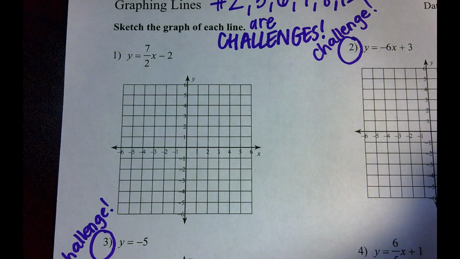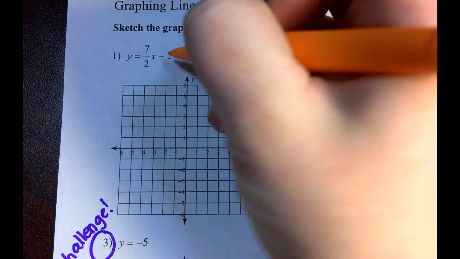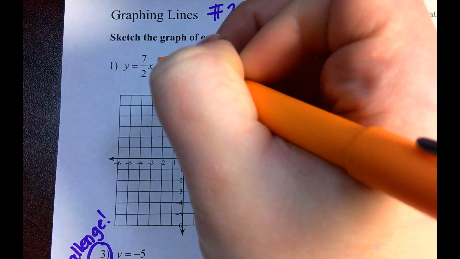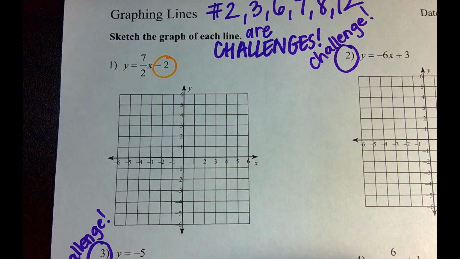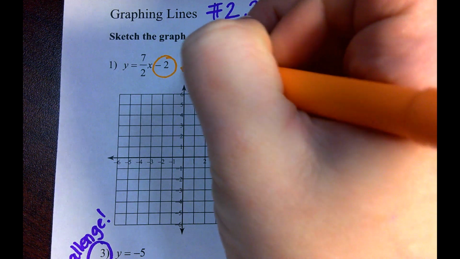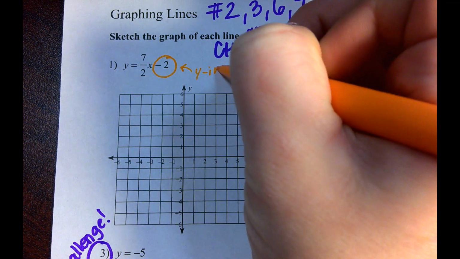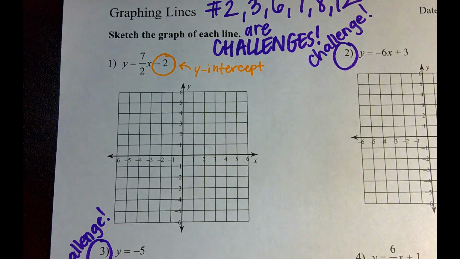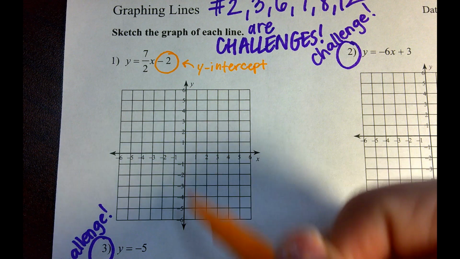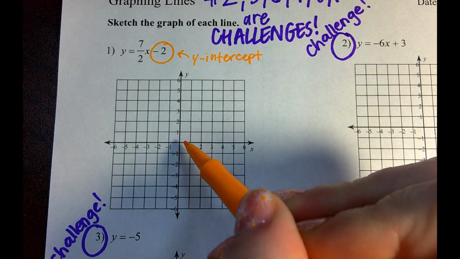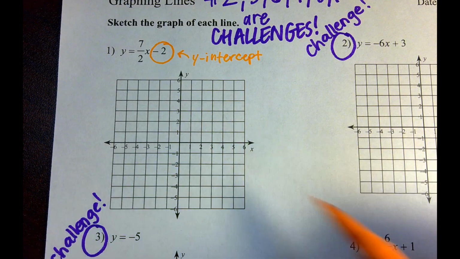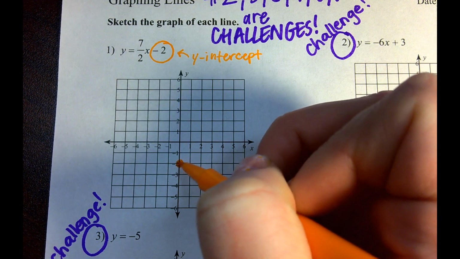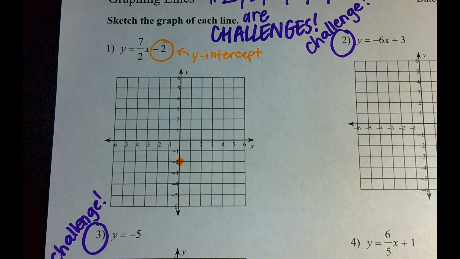We're looking at our y-intercept, which is going to be the number at the very end here, the minus 2. And since that is our y-intercept, we're going to graph it on the y-axis, going up and down. So am I going to go up 2 or down 2? Down 2, good. So that's my first point, down 2.